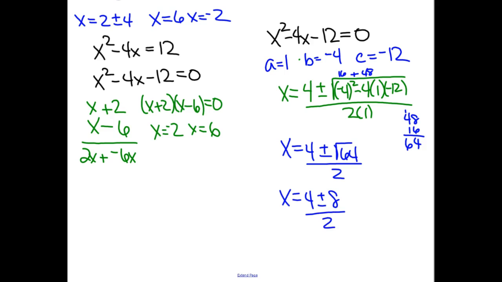And if we figure out our two answers, we have 4 plus 8, which is 12 over 2, which equals 6. And then 4 minus 8, which is negative 4 over 2, which equals negative 2. So if you notice, I got the same answer, but I did the problem using 3 different methods. So tomorrow, you need to choose your method and then solve using that method.